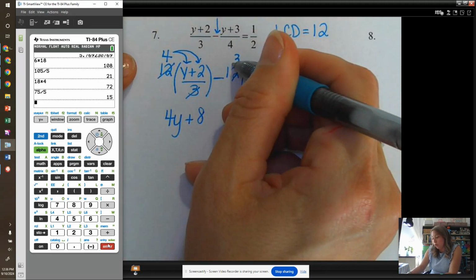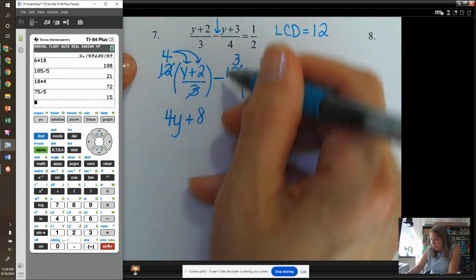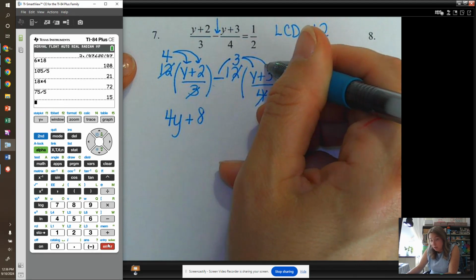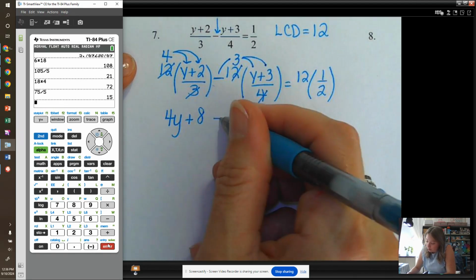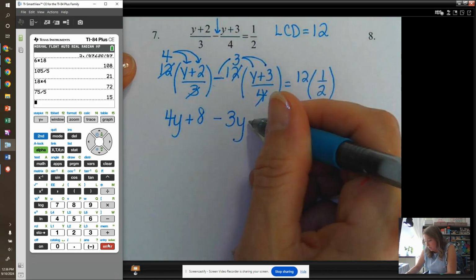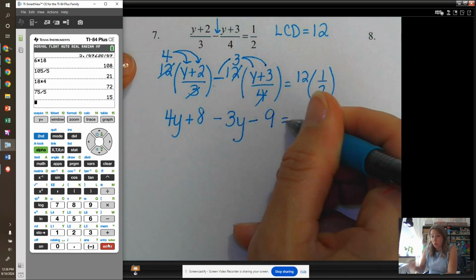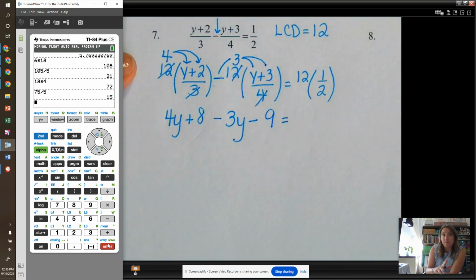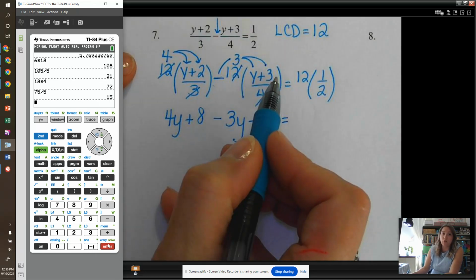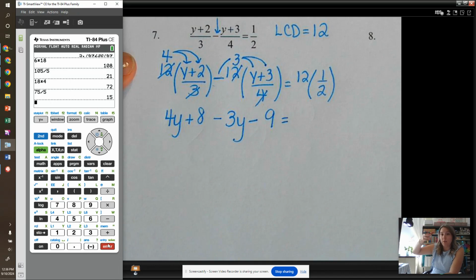It's a 3 left over, but this negative means it's a -3 that gets distributed. So it's -3 times y is -3y, and -3 times +3 is a -9 that gets brought down. So be very careful on that. That negative in front means for both of these things in the numerator, that's getting distributed.